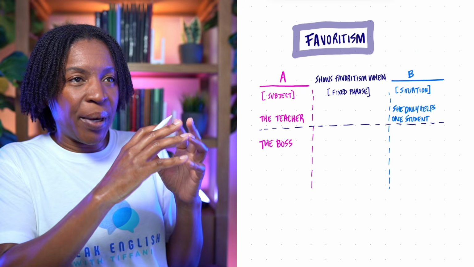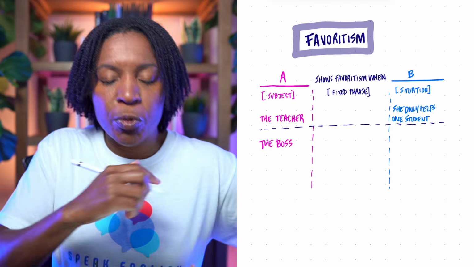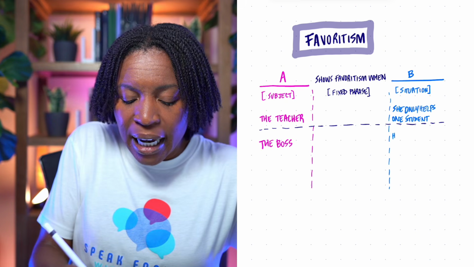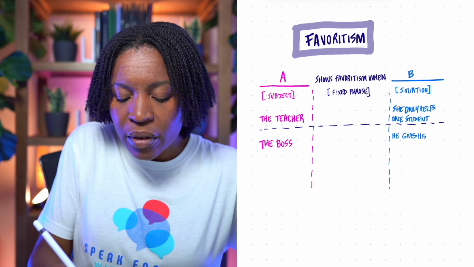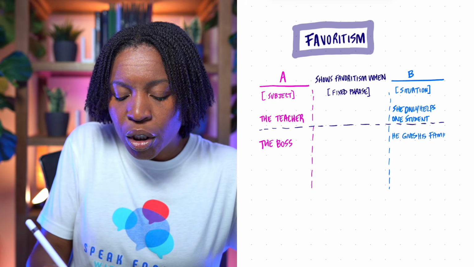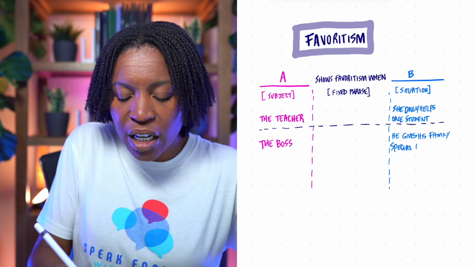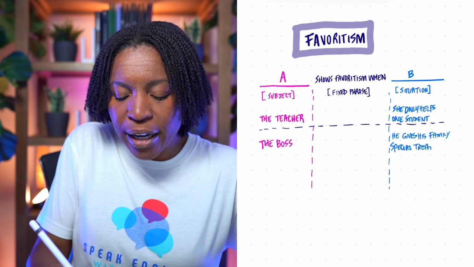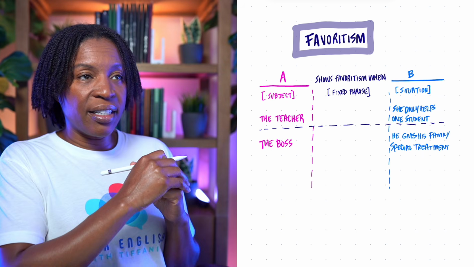And then for letter B, the situation, he gives his family special treatment. All right, this is the situation. So we have letter A and letter B. Now the sentence.